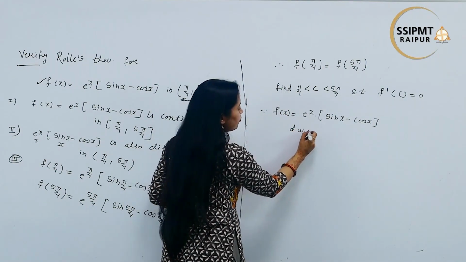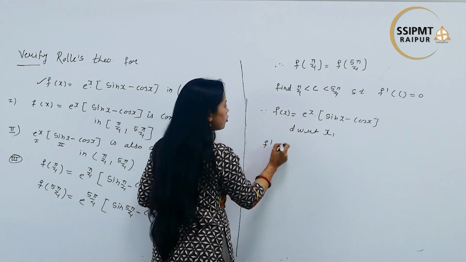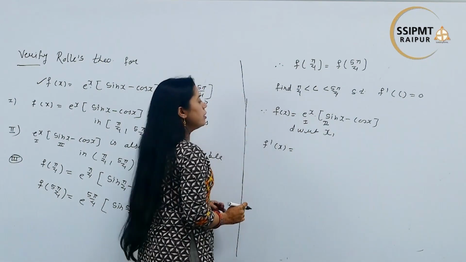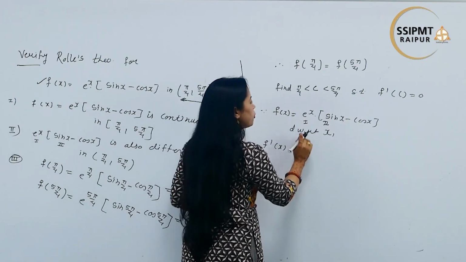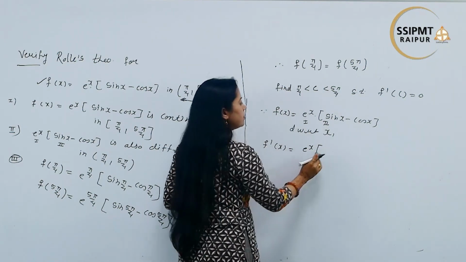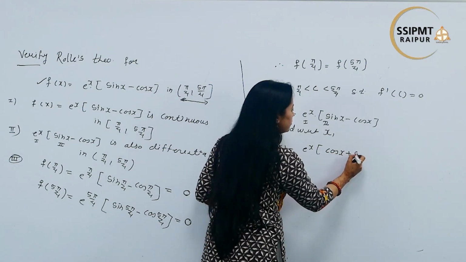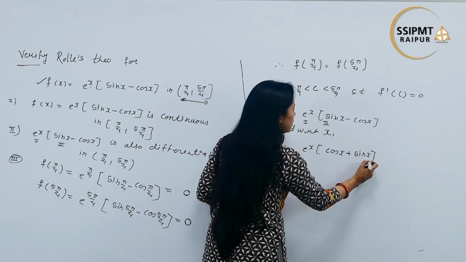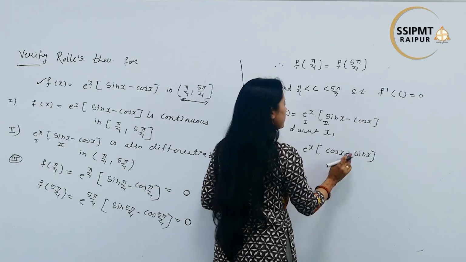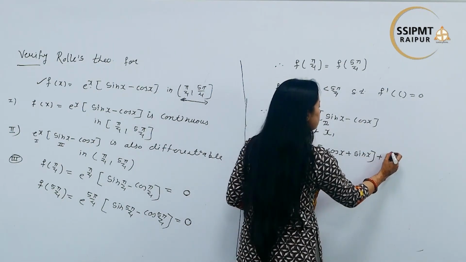Differentiate both sides with respect to x. We'll get f'(x) on the left hand side, and on the right hand side we use the product formula of differentiation: first function times differentiation of second. Differentiation of sin x is cos x and differentiation of cos x is minus sin x, plus second function times differentiation of first.